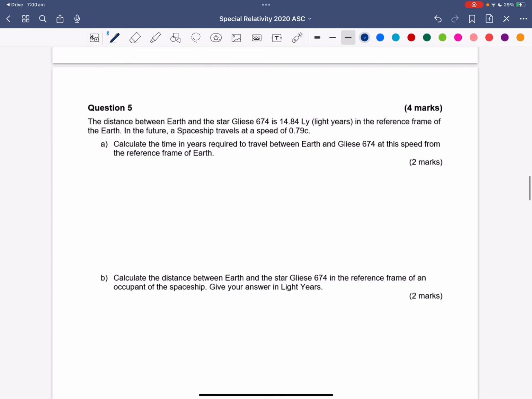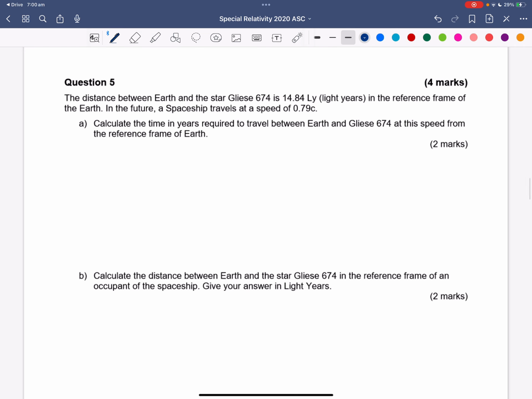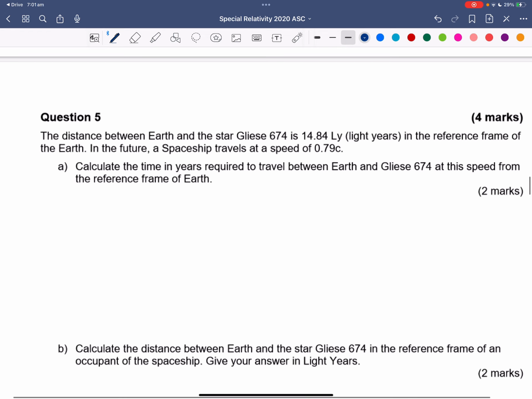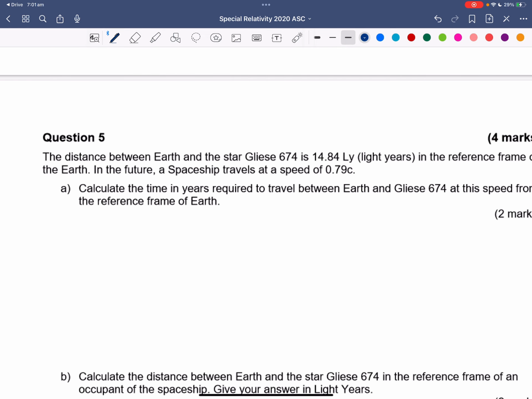Alrighty. The distance between the Earth and the star Gliese is 14.84 light years in the reference frame of the Earth. Okay, so I'm just going to write down. So there's the Earth. There's the star, Gliese. And the distance between them, according to Earth.